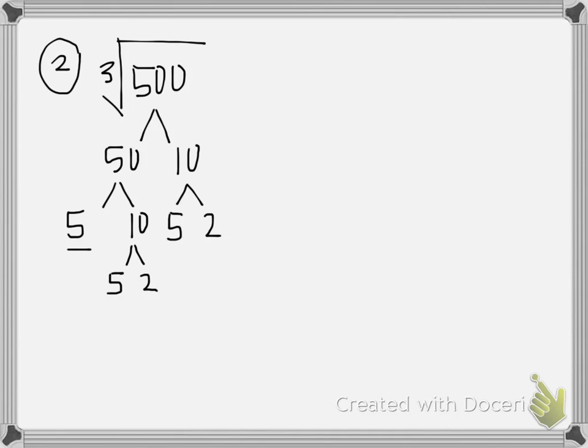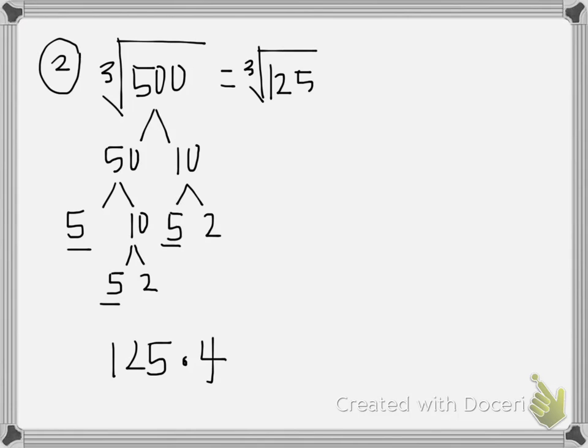So if I was to rearrange this, how many 5s do I have right there? That's a 5 cubed there, right? So 5 times 5 times 5 is 125. So it's 125 times 4. So the cube root of 500 is the cube root of 125 times the cube root of 4. So the cube root of 125 is 5, and then we'll stay with the cube root of 4.